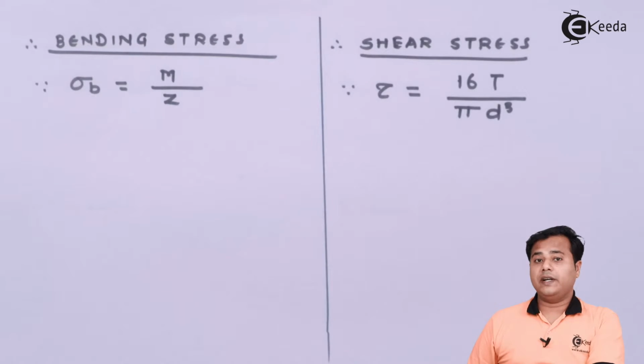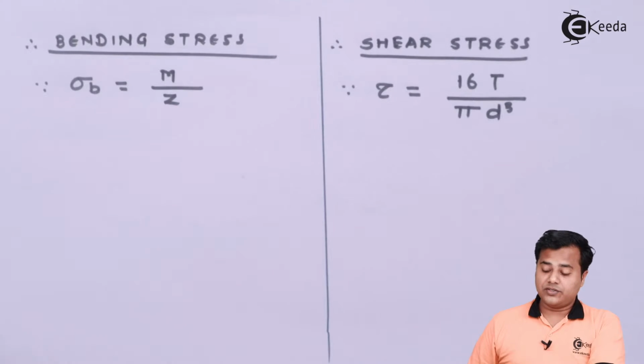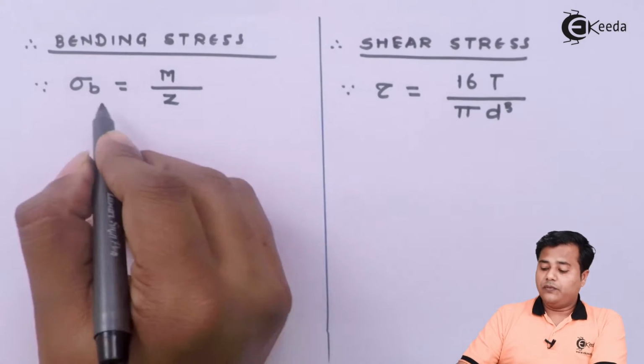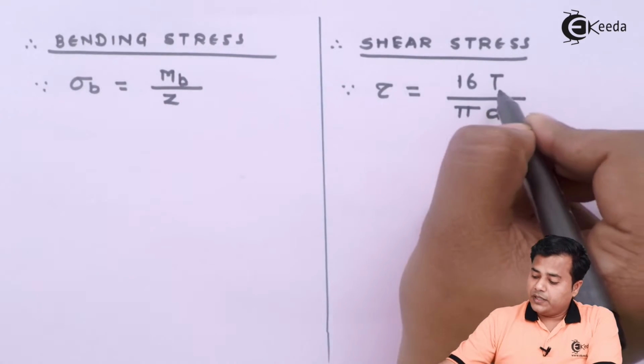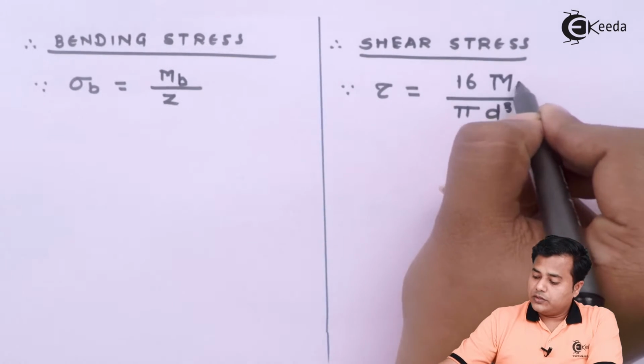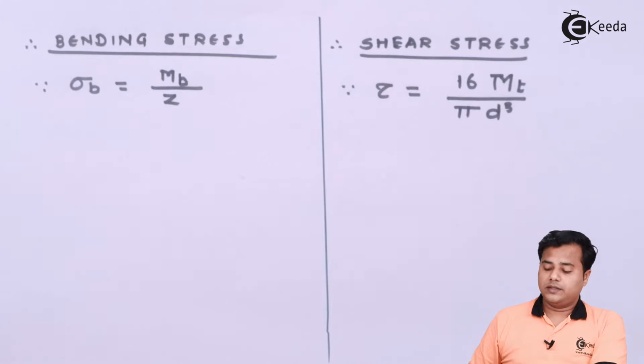Let us move ahead and find out the bending stresses and shear stresses. The formula is very simple and clear also. So it is bending moment and this is your torsional moment.